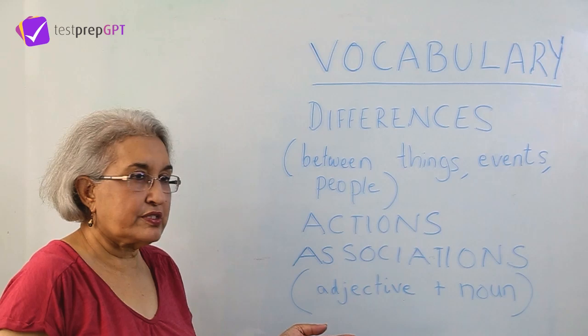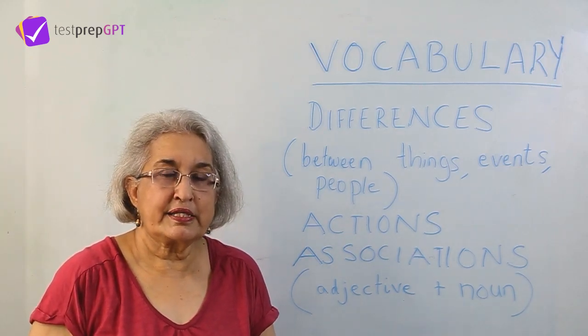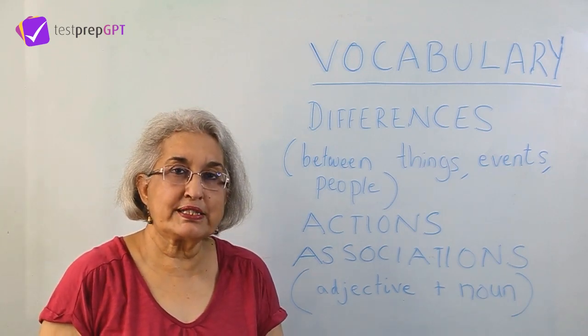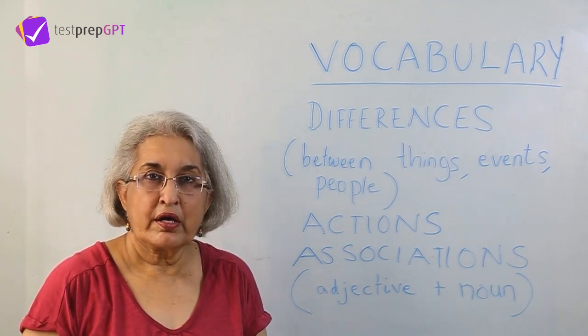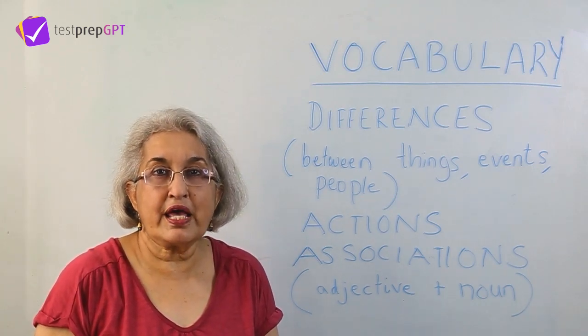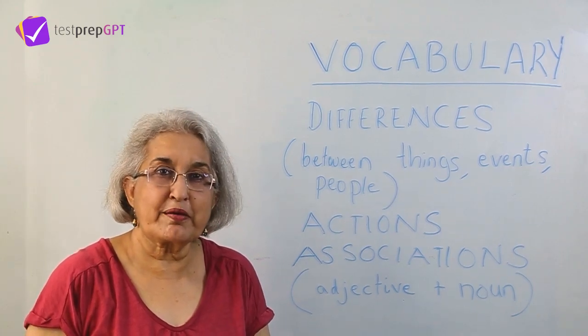Then associations. Associations are very common ones. That is, you associate an adjective with a noun. So you can say an interesting book, but you cannot say a happy book. Whereas you can say a happy person and you can say an interesting person.